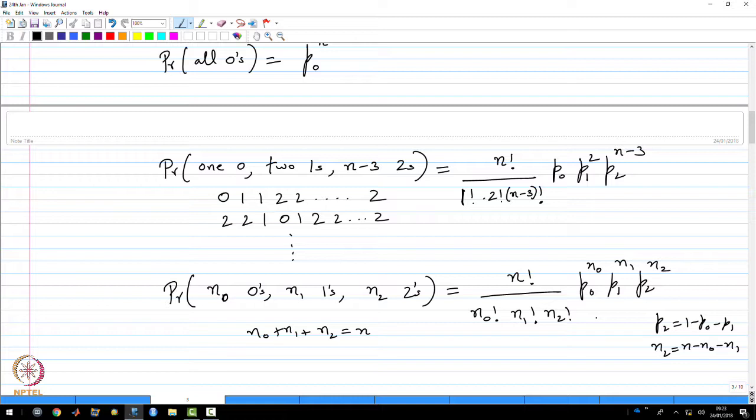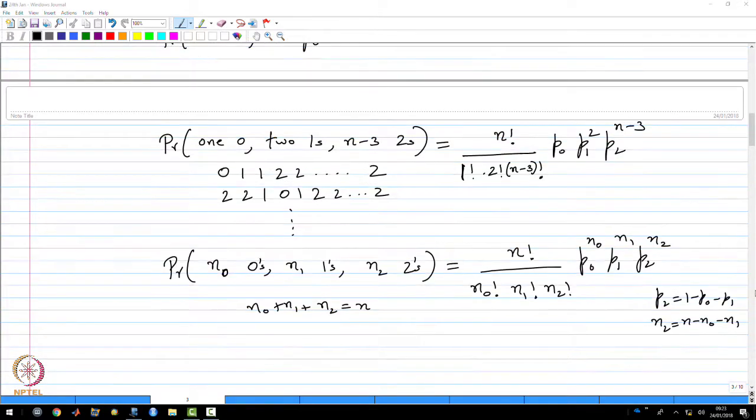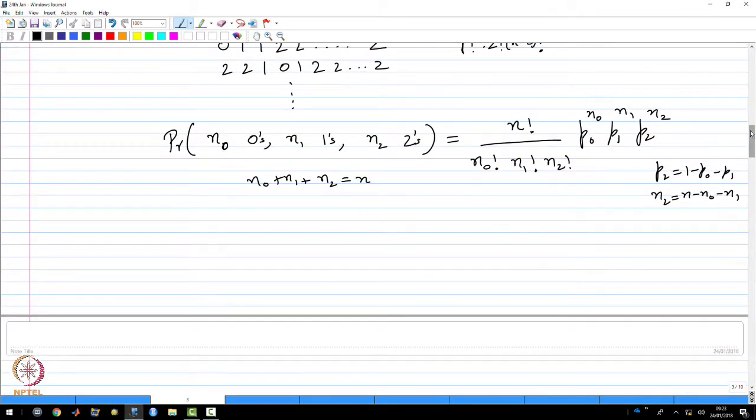Okay, so now there's a slightly different example I want to talk about. Suppose you toss a coin 20 times. I will define n1 as the number of heads in the first 10 tosses.